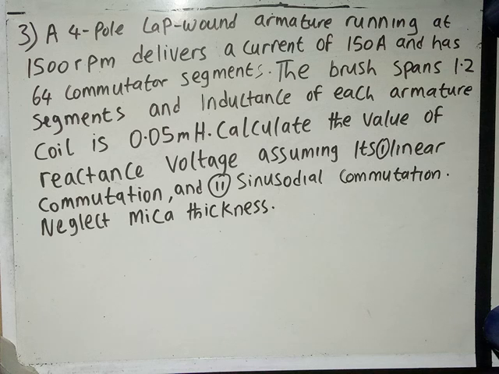The brush spans 1.2 segments and the inductance of each armature coil is 0.05 millihenry. Calculate the value of the reactance voltage assuming 1. Linear commutation and 2. Sinusoidal commutation. Neglect mica thickness.